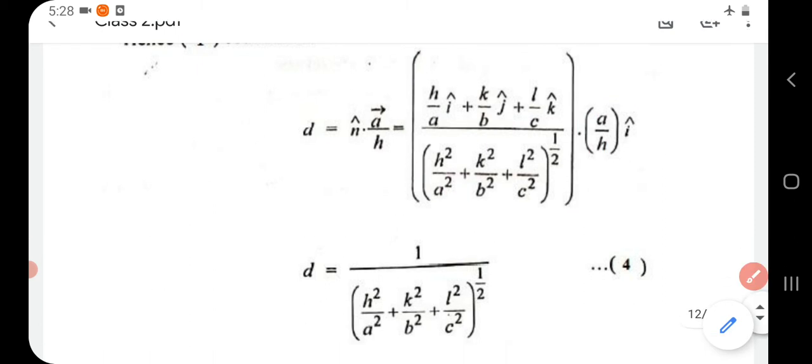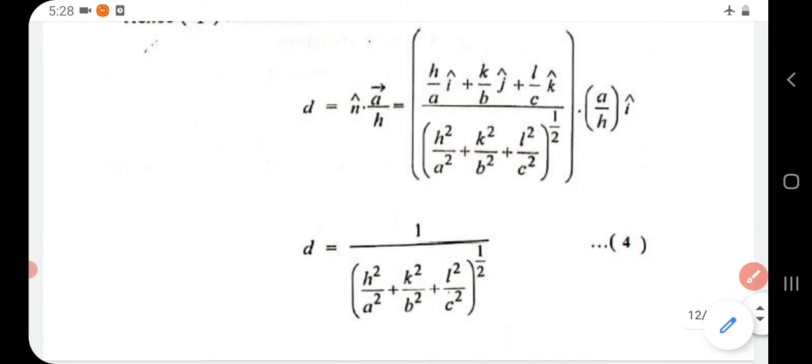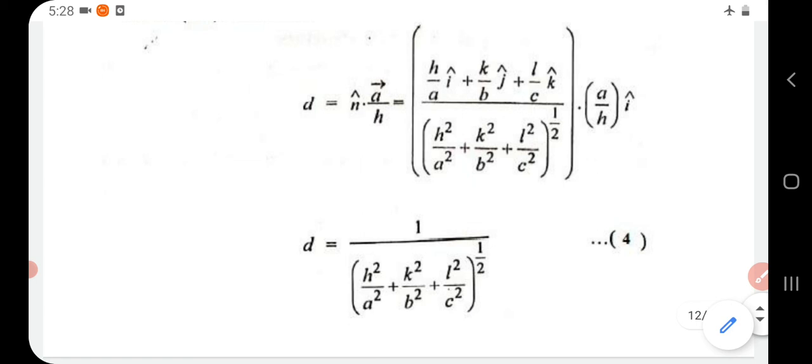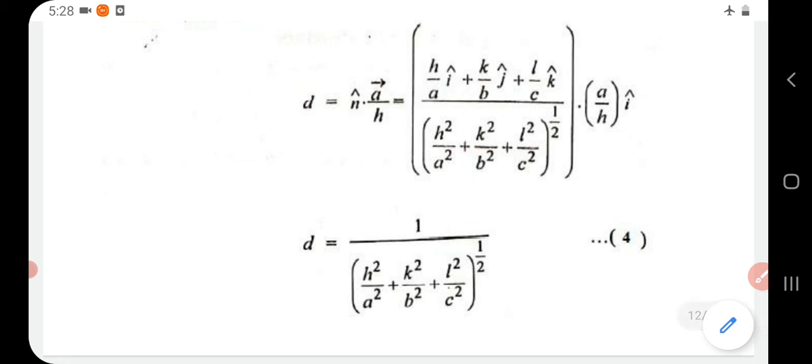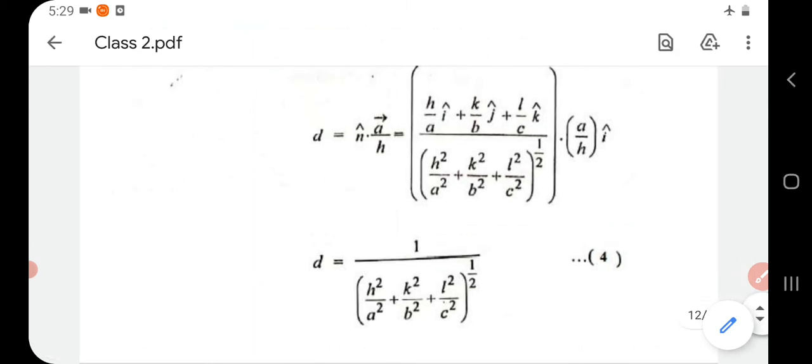So on simplifying, what will you get? This h by a i cap dot a by h i cap. These terms will not have any relevance. Why? Because we are taking only the first term.